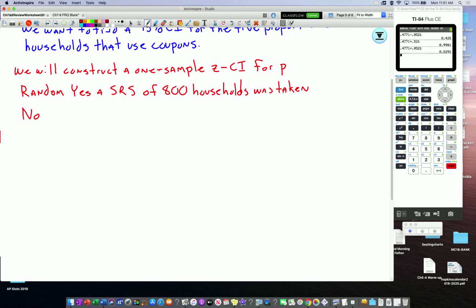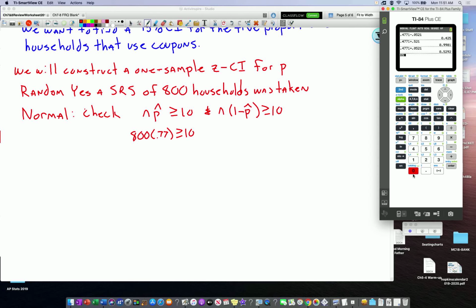Normal: I need to check. Is n times p hat greater than or equal to 10, and n times 1 minus p hat greater than or equal to 10? Well, you have 800 households, 77% of which are using the coupons.